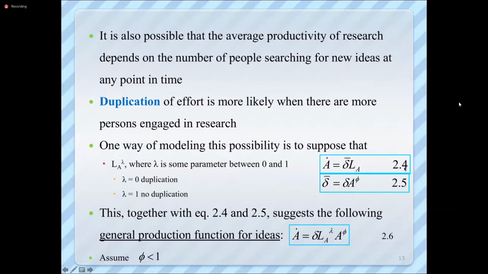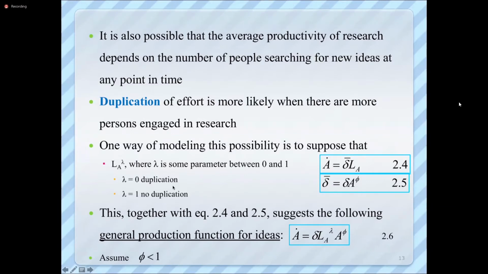So look at 2.4, class. 2.4 was our original equation where we found that ideas depend on labor and also on how fast the labor can produce ideas. Then we moved on to look at the rate of discovery, which depends on whether it's increasing, decreasing or constant, and also on the stock of ideas already there, A to the power of P. P we looked at as the productivity, right?